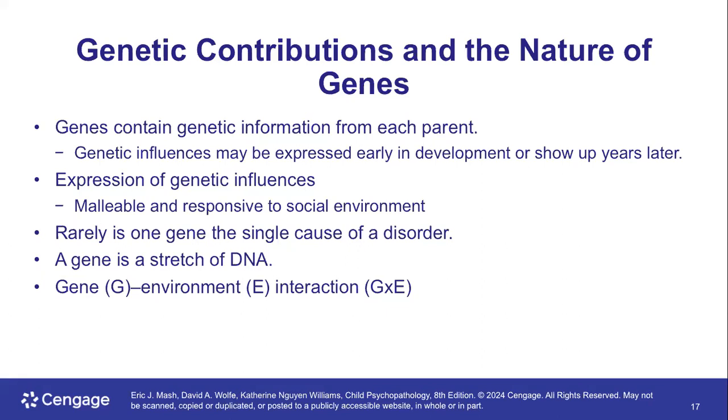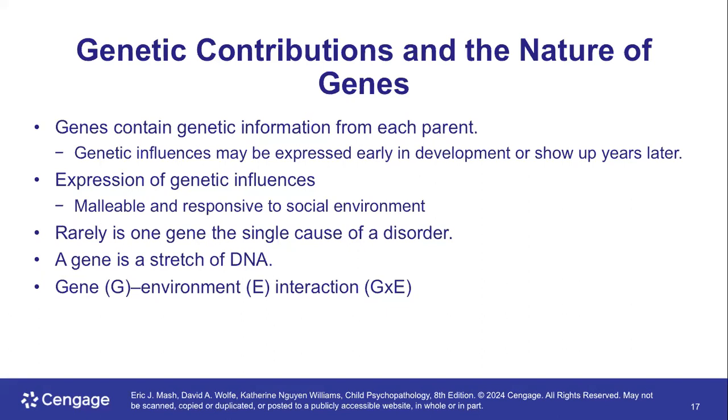And we estimate that there's roughly 20 to 30,000 distinct genes. And based on the Human Genome Project, we've been able to start to identify various gene-related conditions, whether they be dominant genes, whether they be recessive gene-related disorders, and whether they be risk factors for mental health concerns.